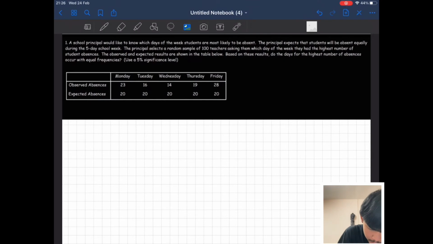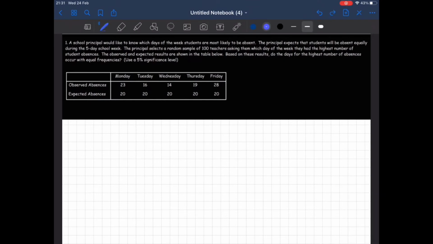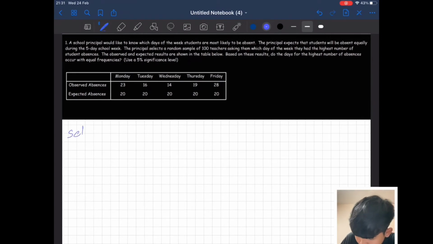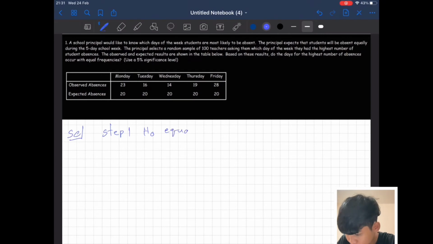Solution. Step 1: H0 equal frequency, H1 unequal frequency.